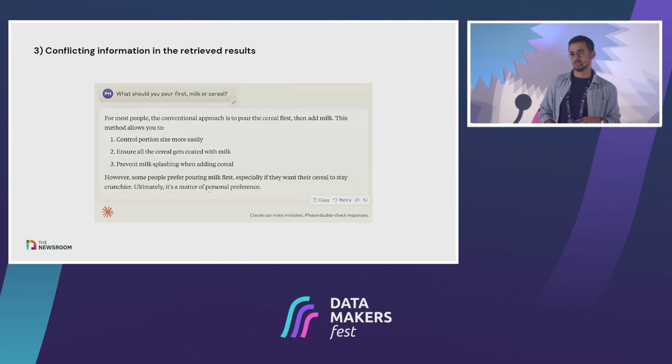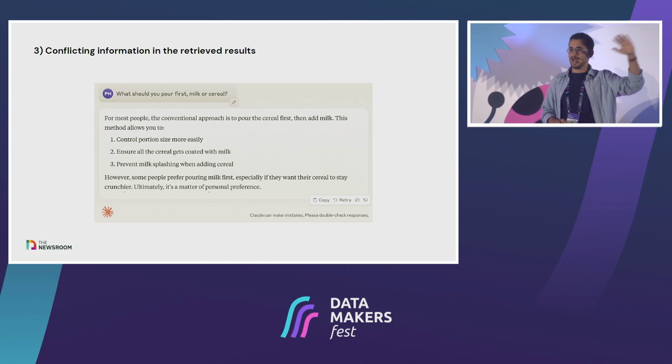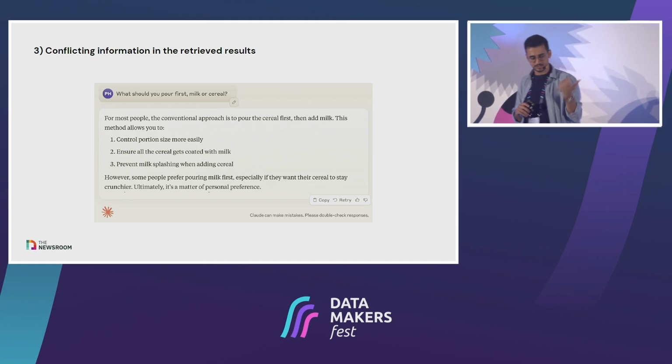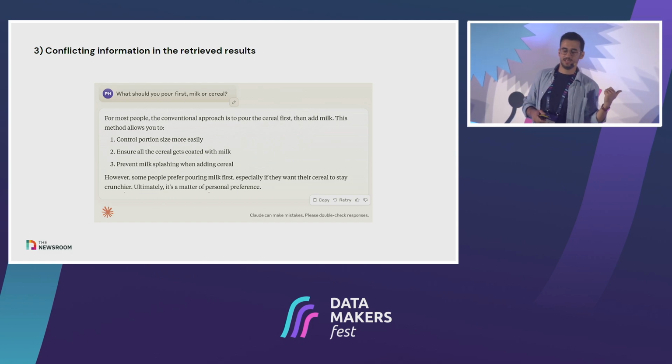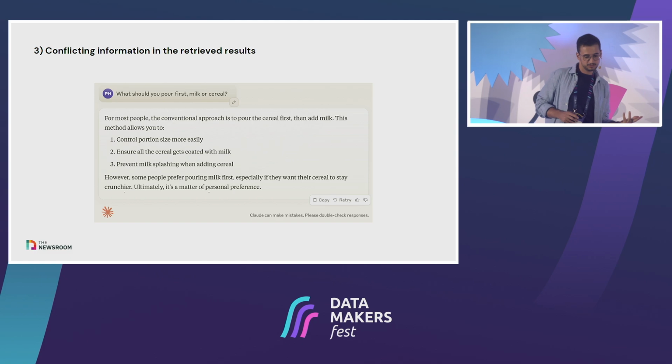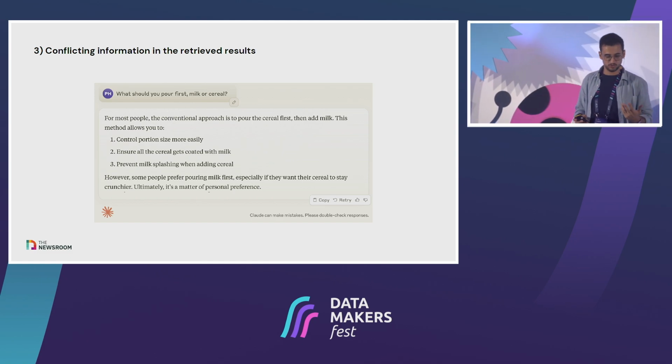So that was the second big roadblock. The third big roadblock is, okay, I have the data in my knowledge base and I'm able to retrieve it, but there's conflicting information here. So I asked Claude again this very polarizing question: what should you pour first? Should you pour milk or cereal into your bowl?